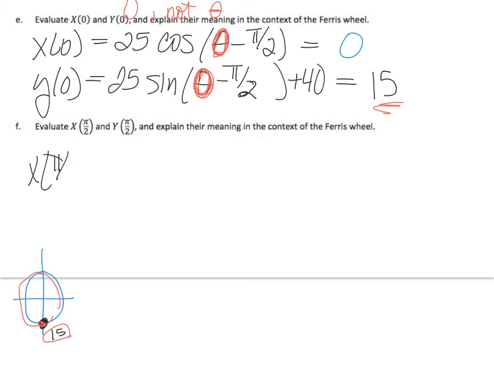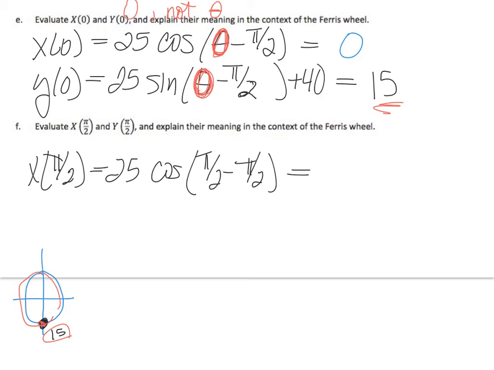X evaluated at pi over 2 is 25 cosine of pi over 2 minus pi over 2. So here we're at this point. My co-height should be 25.